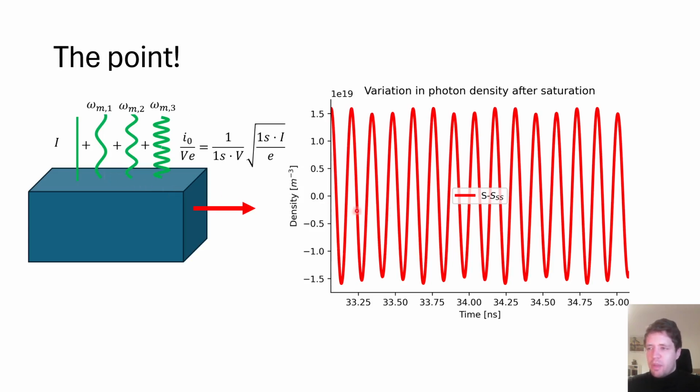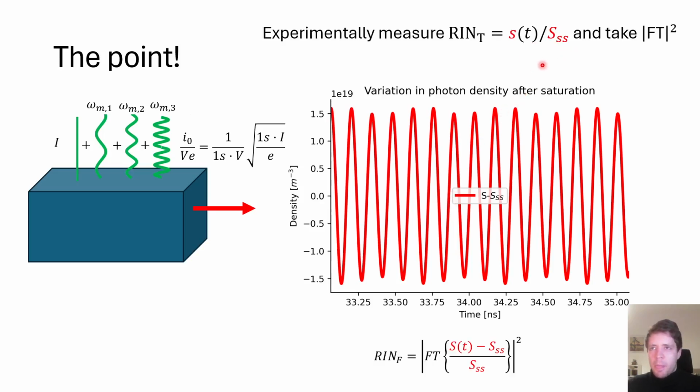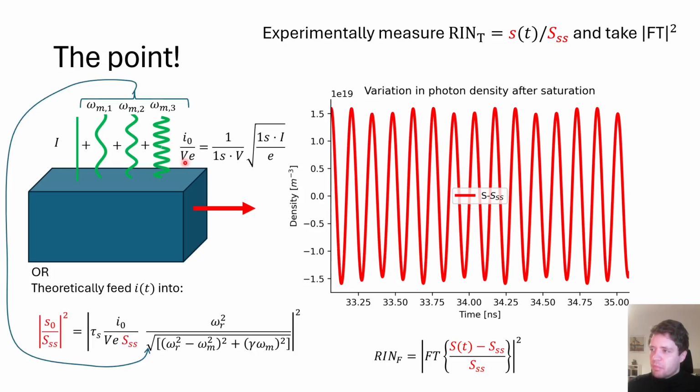The point here is that we can measure the variation of the photon number coming out in the time domain, and then if we take the Fourier transform and compute the absolute square, we get what's called the relative intensity noise in the frequency domain. Of course, this can be measured experimentally or simulated numerically, as I've done here, but thanks to our previous expression, we can also take these current amplitudes that come from the random variation in the electron number and feed them into our previous expression for the theoretical photon amplitude.